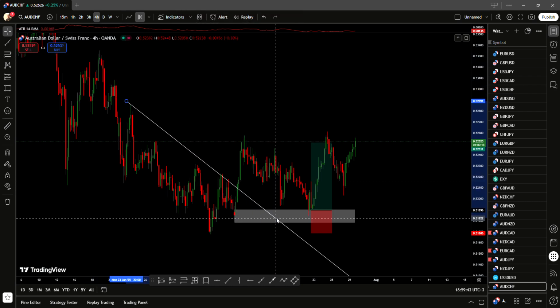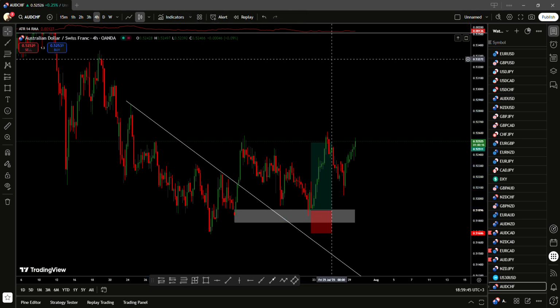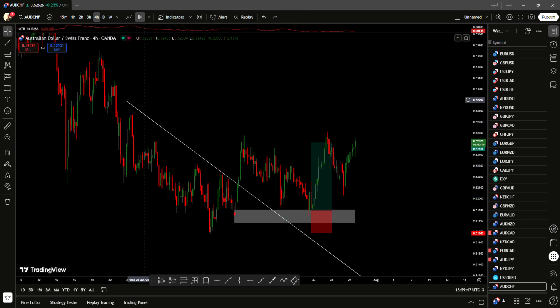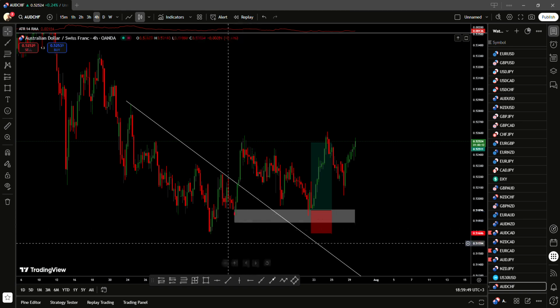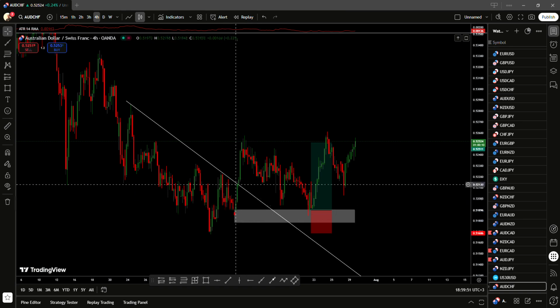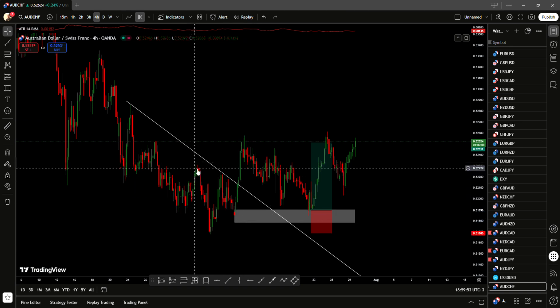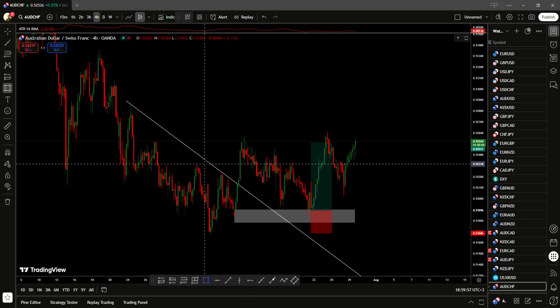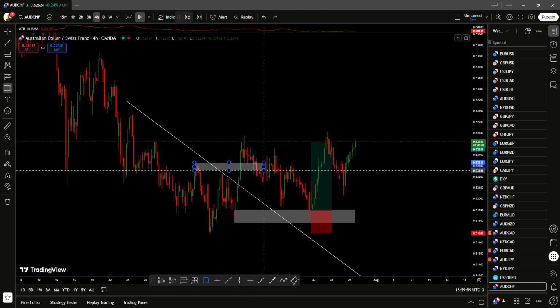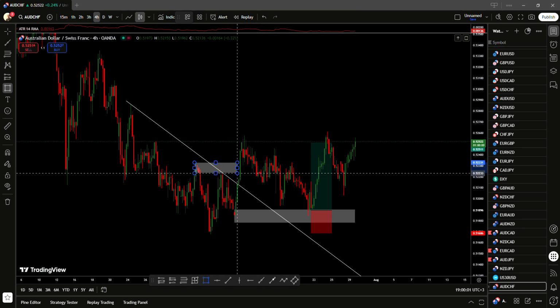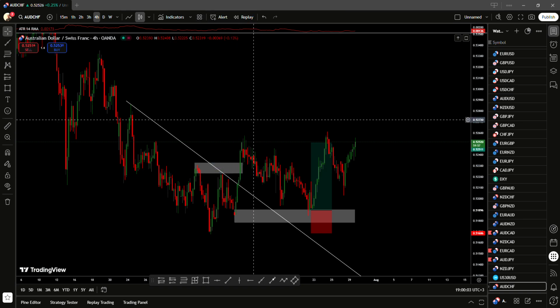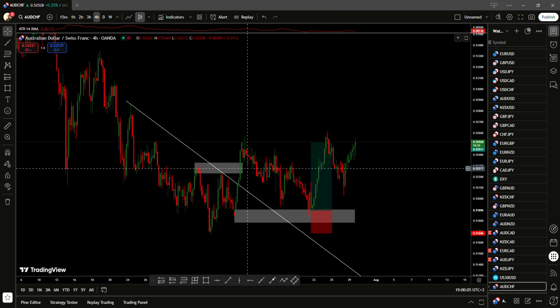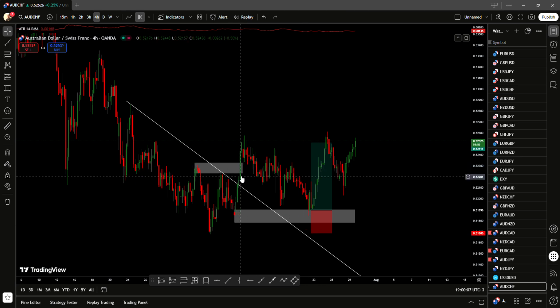So the trend was broken to the upside, making a higher high, also removing this supply zone here. So it was a good demand zone because it removed opposing supply zones and also cleared the downward trend line, signifying that we might be going to the upside.